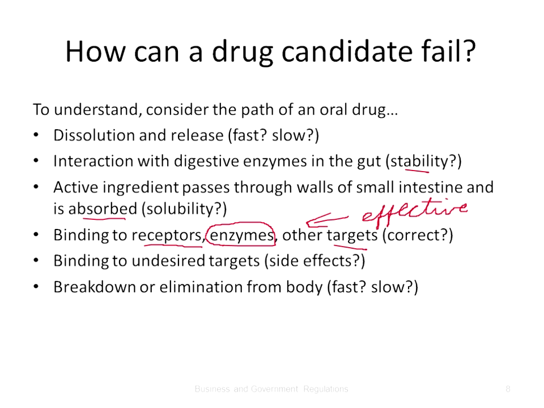Now sometimes the drug might be effective, but it also binds to other undesired targets, and in that case it will create side effects. So it may be effective, but it may have too many side effects. You know the story about aspirin, for example.